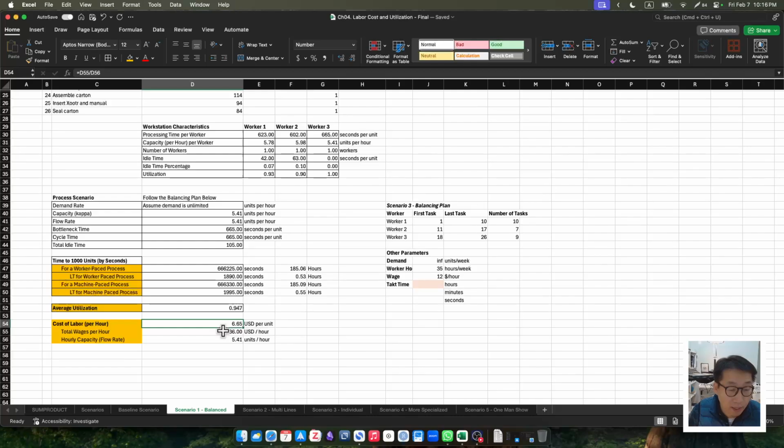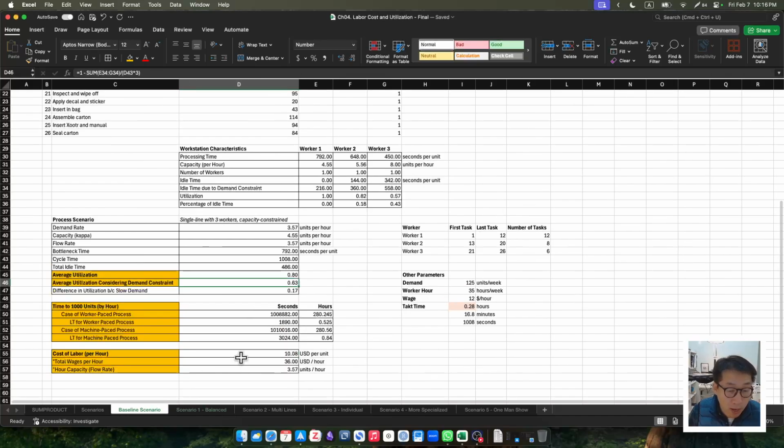Labor cost, I think nothing has changed in terms of the number of people you are hiring. In this case, because we got rid of the demand rate constraint, this is going to be the direct labor cost at your full capacity.